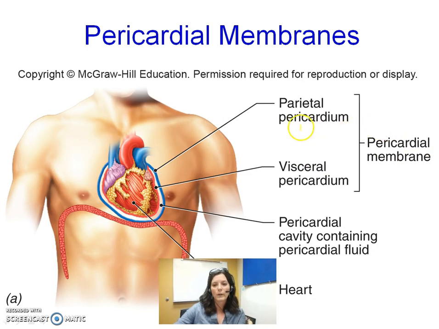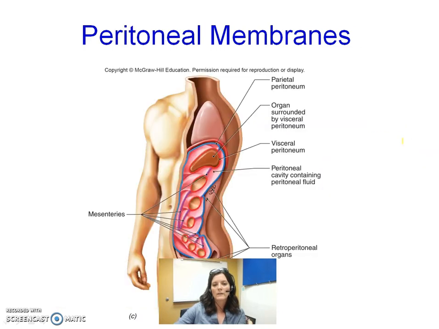The serous membranes that are found around the heart are called the pericardial membranes, and the serous membranes found around all of the abdominopelvic organs are called the peritoneum. So the structure of the membranes, the makeup of them, the composition is exactly the same, but they have a different name for each of those three ventral body cavities.